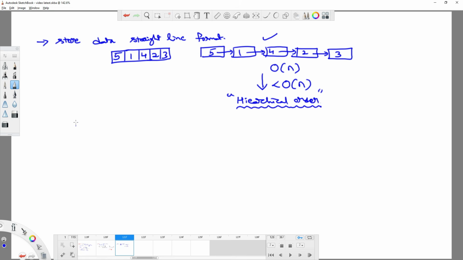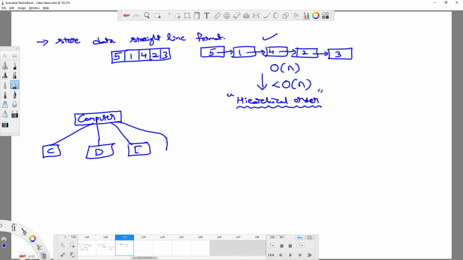So, for example, just now I mentioned your computer. It contains 4 drives. It might start with C drive, D drive, E, and F drive.